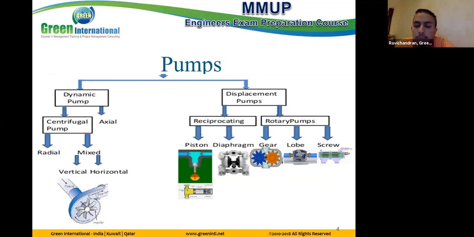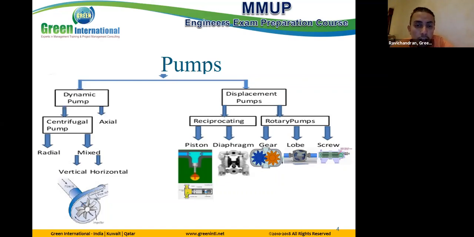But for displacement pumps, the efficiency is higher compared to dynamic. They are costly and heavier, normally used for industrial applications, and regularly use high viscosity fluid.